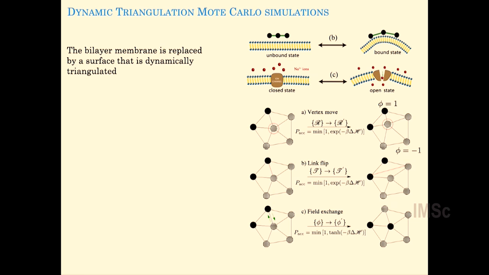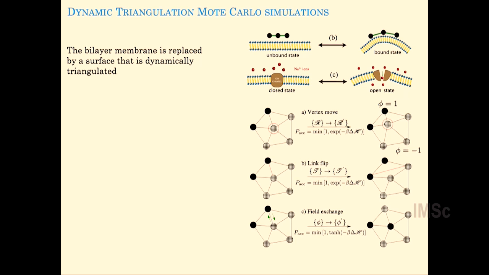When I do that, I change the surface curvature, so it has to be accepted with the Boltzmann weight. This is a thermal fluctuation. A thermal fluctuation induced curvature change will come from this bond flipping and also from vertex moves. Both vertex moves and bond flipping can give you that.